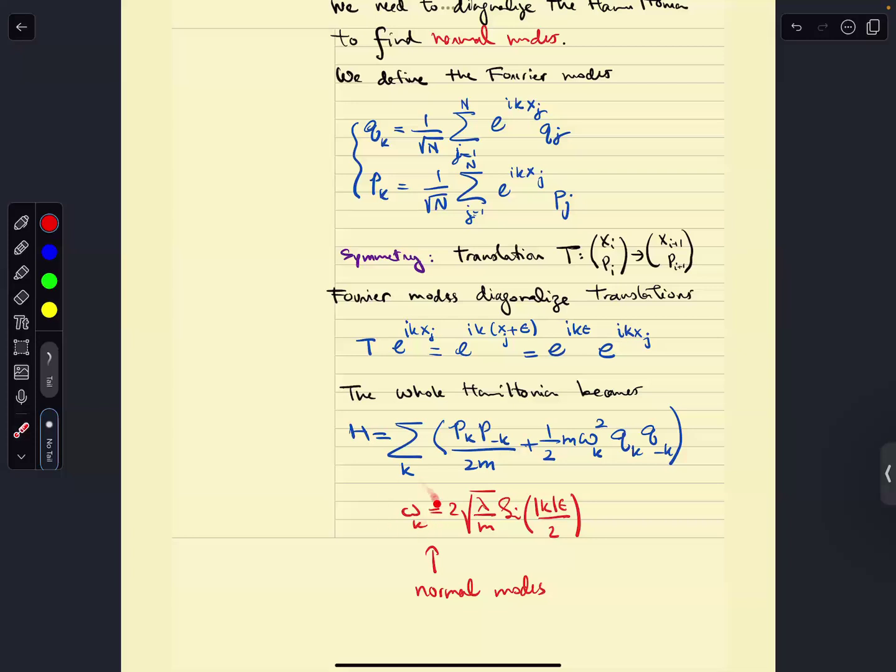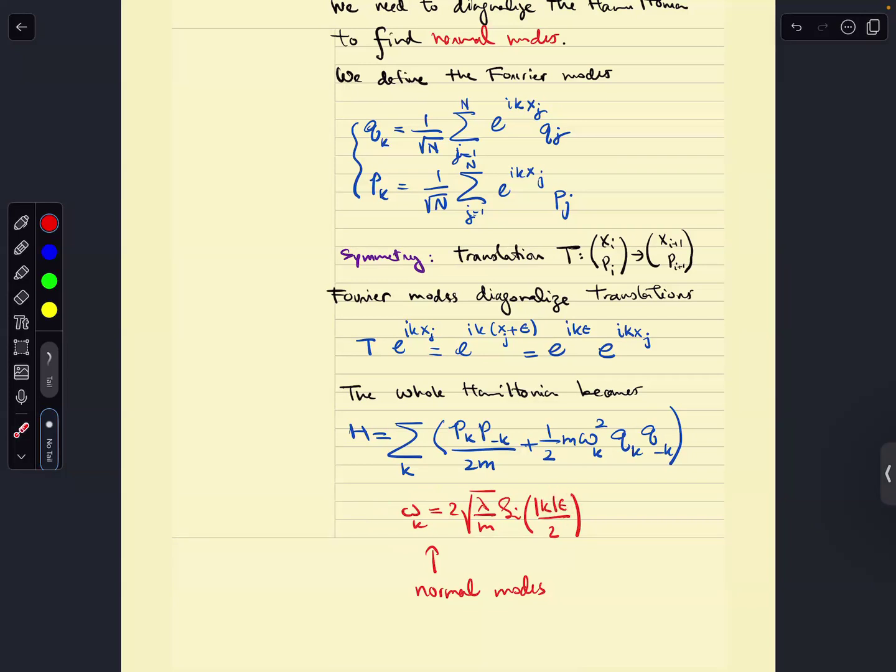If you keep track of everything term by term, you realize that the normal modes end up being 2 square root of lambda over m. Lambda, do you remember what lambda was? It's a spring constant. So: the square root of lambda over m times sine of the absolute value of k epsilon over 2.